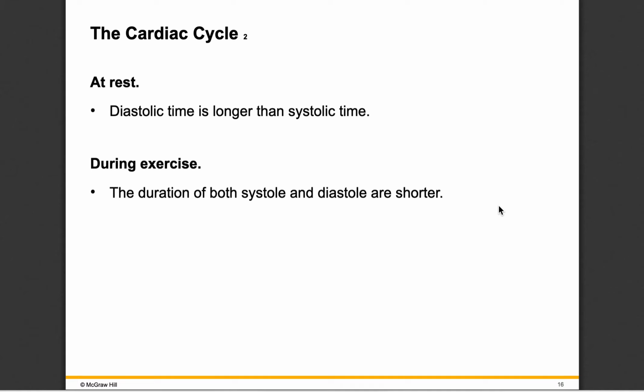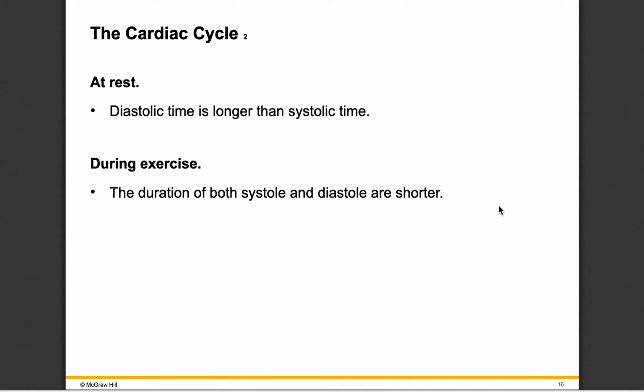During exercise, what happens is that the systole time actually stays the same, and the rest actually gets shorter and shorter and shorter. So the faster your heart rate goes, the less time your heart's at rest, and the less time your heart has to fill with blood. And so things have to occur so that we make sure we get enough blood into the heart for it to pump out into the body.